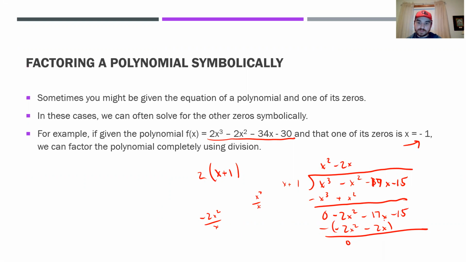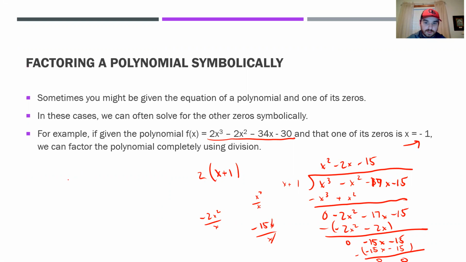We've got negative 17x plus 2x, so that's minus 15x minus 15. The x goes into negative 15x negative 15 times. And negative 15 times x plus 1 will give us negative 15x minus 15. So when we subtract this, we'll of course get 0, so we don't have a remainder.